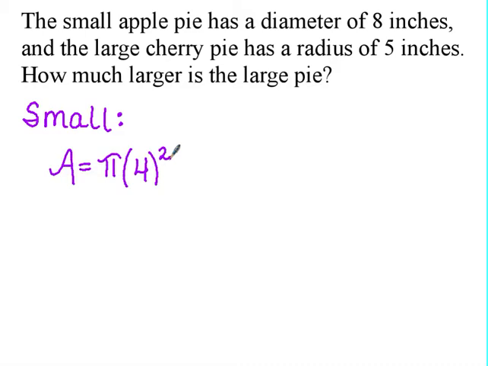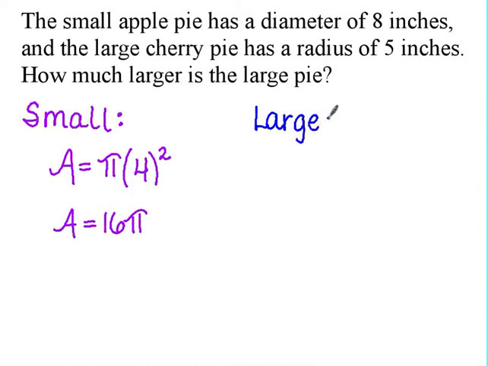So really, the small pie's area will be 16 pi. I'm just going to leave it as 16 pi. I could answer it as a decimal if you wanted, but let's leave it in terms of pi, because that's easier. Now I've got the large pie.